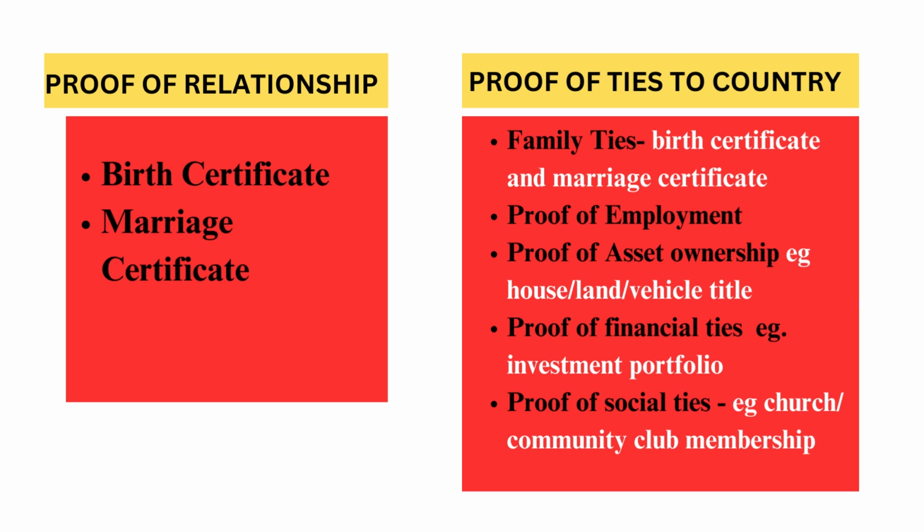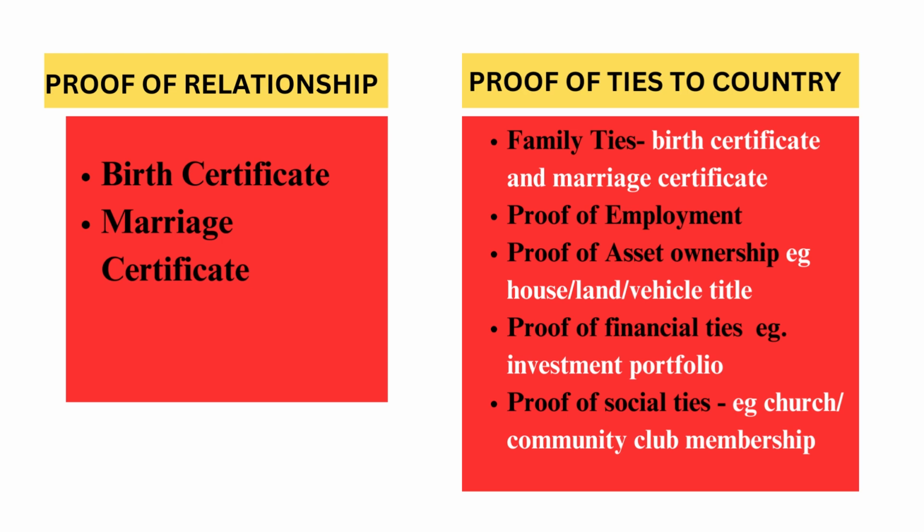Proof of financials. So other than the bank statement that is recommended, if you have investments such as stocks and bonds, we recommend that you show those as proof of financial ties to your country. If you own a business, company documents for the business, etc., that can also be used as proof of ties to your country.